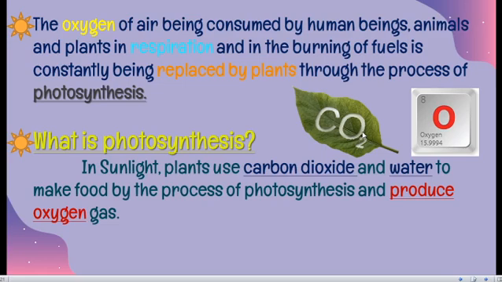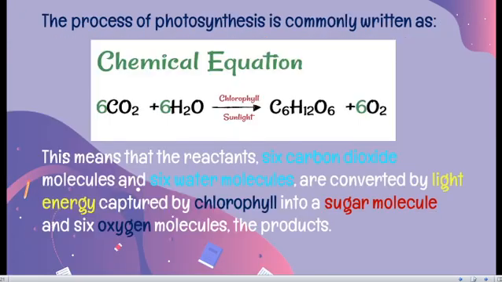The presence of sunlight is very important, as plants use carbon dioxide as well as water to make their own food. The process of making food is called photosynthesis. After making the food, they produce sugar and oxygen gas.